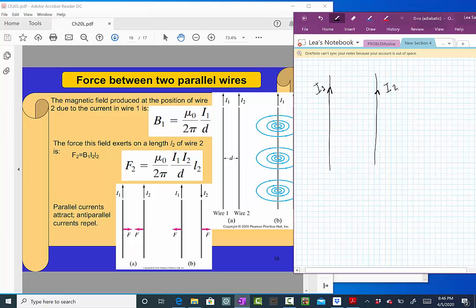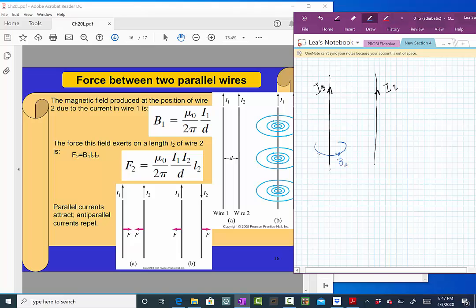This current I1 creates a magnetic field all around it. To the right side, what is the direction of the magnetic field that it creates? Well, use the right-hand rule, right? And we'll know that we have a magnetic field like this. So this is the magnetic field B1.